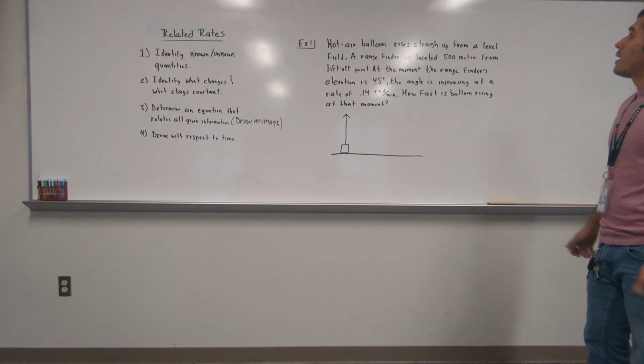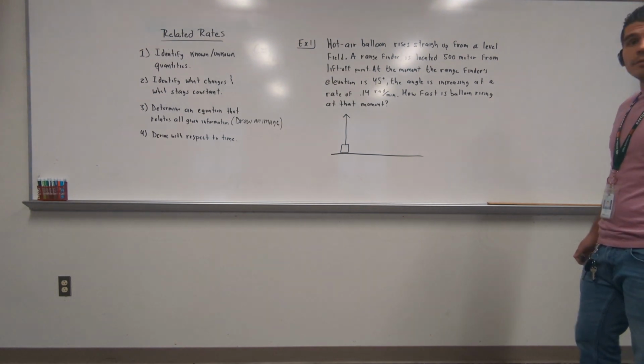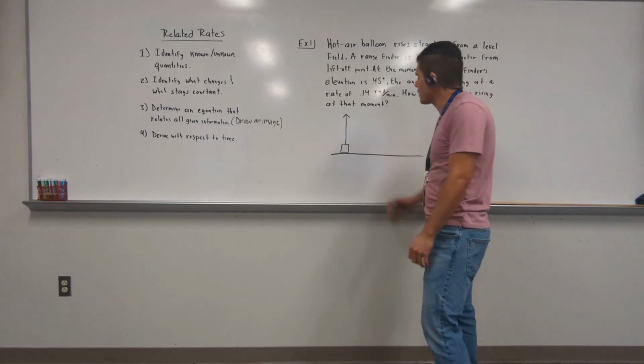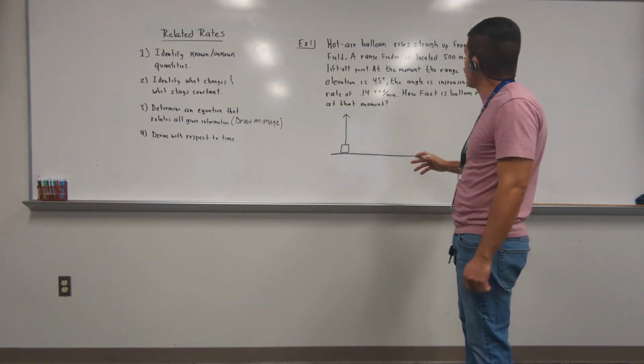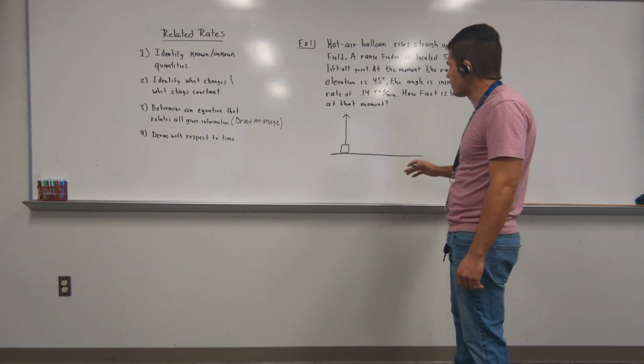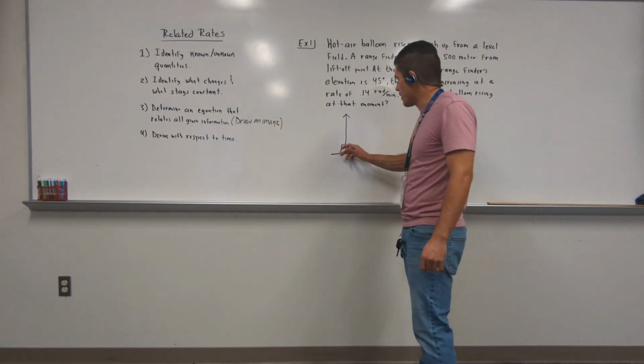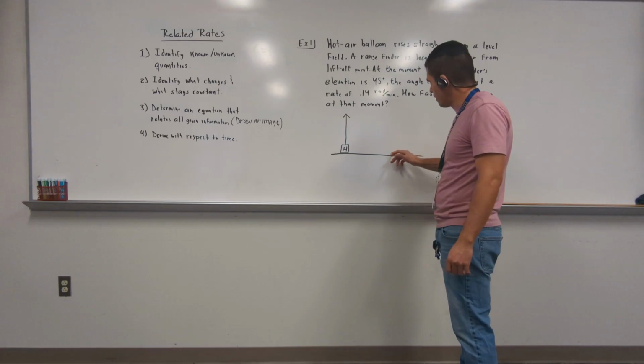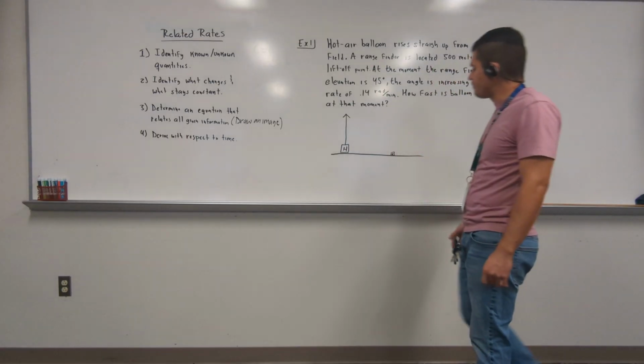We know that there's a rangefinder. A rangefinder is basically going to help you measure angles and distances. So we know that there is a rangefinder that is 500 meters away from the liftoff point. I'm going to call this my hot air balloon, and I'm going to call this little box over here the rangefinder.